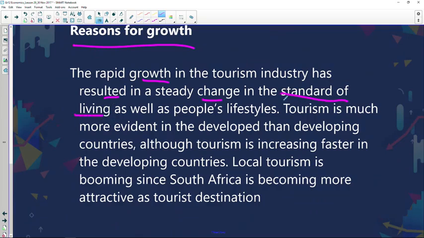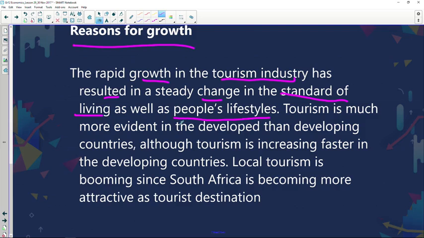Okay, so there has been a positive impact from an economic point of view, and we like that because we are all about ensuring that the standard of living improves in the lives of South Africans. Okay, so let's just go over this point. So we know that there has been rapid growth in the tourism industry, which has resulted in a steady change in the standard of living, as well as people's lifestyles having improved because of the industry itself.